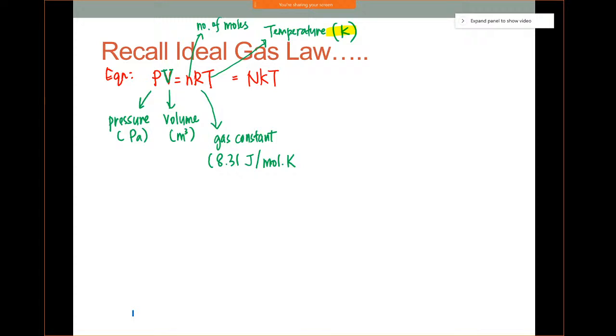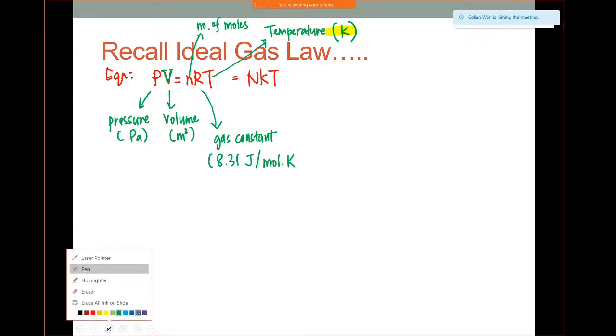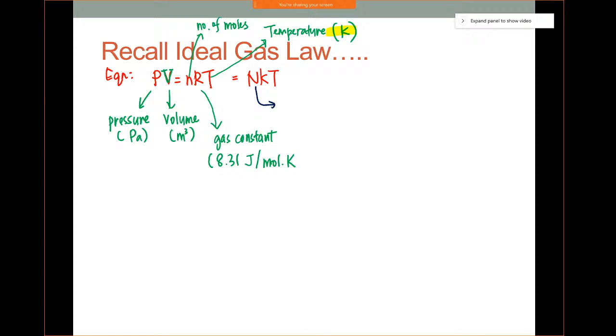On the other side, the big capital N is the number of molecules.